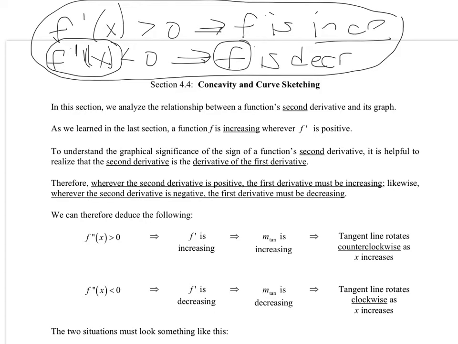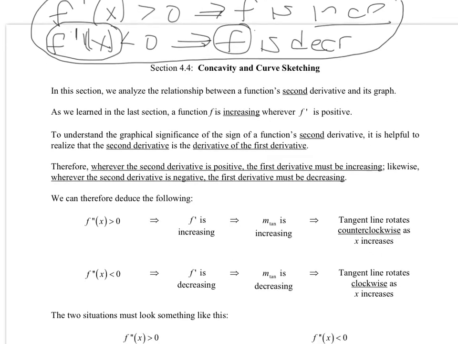A function is increasing wherever its derivative is positive, and decreasing wherever its derivative is negative. That relationship can also be applied to f prime and f double prime, because a function's second derivative, f double prime of x, is really just the derivative of the first derivative.